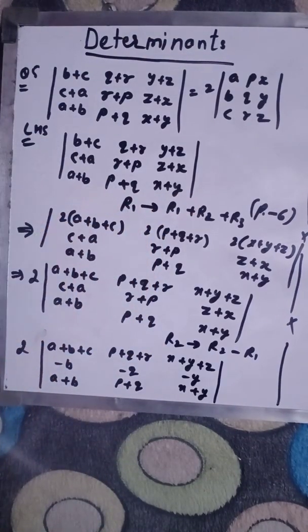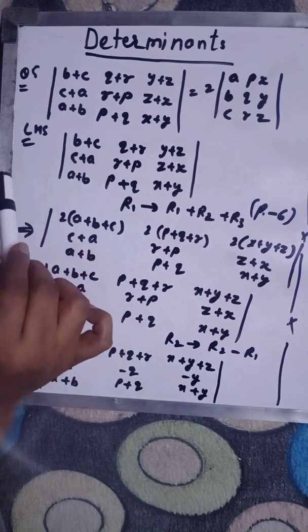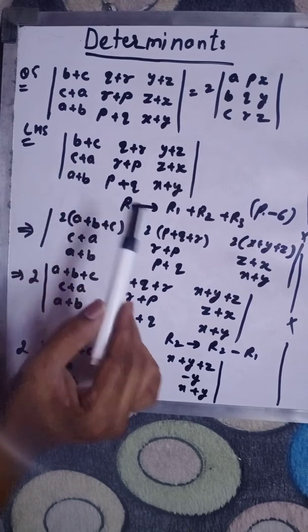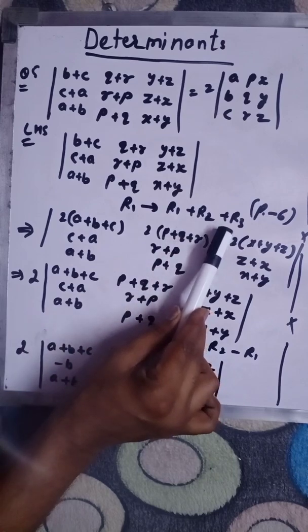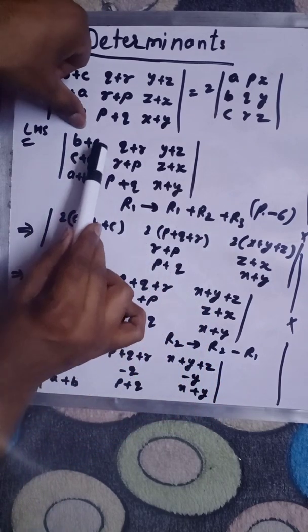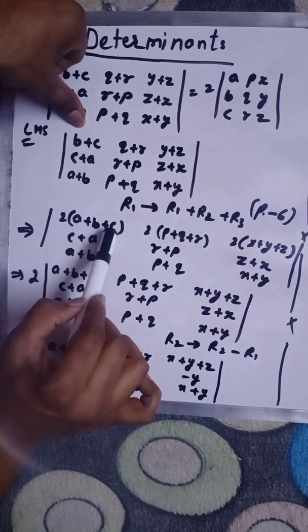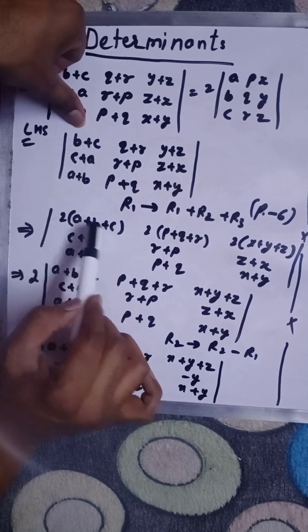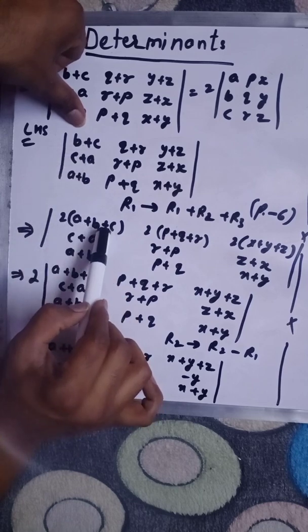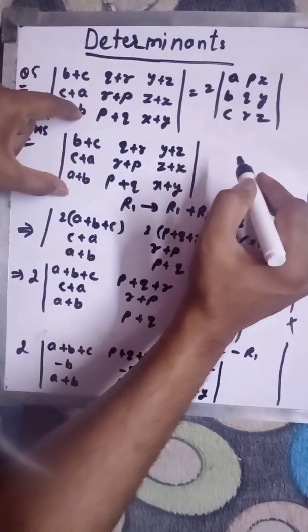So as I can see, if I add rows R1, R2 and R3, when you apply this operation, you will get twice of A plus B plus C. You can check it out. I'm just adding here, doing some rough work.